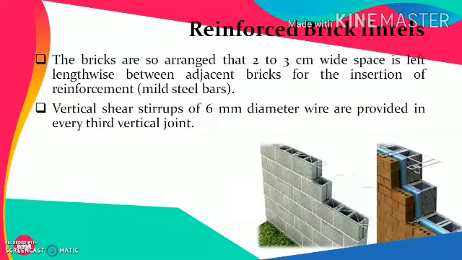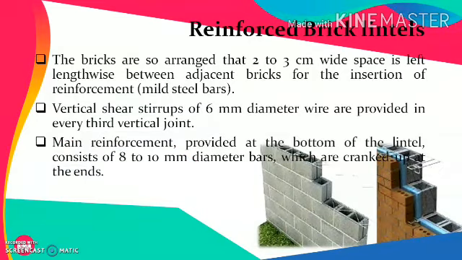Vertical shear stirrups of 6 mm diameter wire are provided in every third vertical joint. These are essential for providing strength in case of shear. The main reinforcement provided at the bottom of a lintel consists of 8 to 10 mm diameter bars which are cranked up at the ends. So these are the very essential features of reinforced brick lintels.